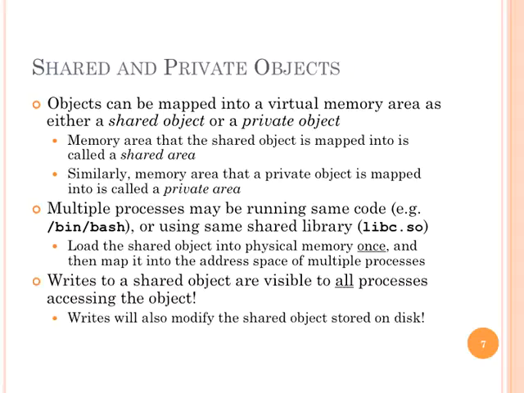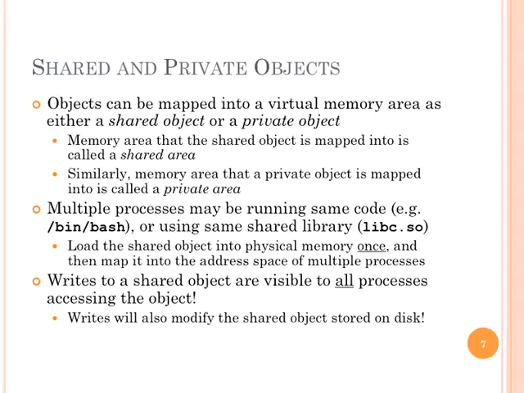Of course, the caveat is that now I have multiple processes' virtual address spaces mapping to the same physical pages. If one process decides to be dumb and change the data in that physical page through their virtual address space, because they're allowed to, then everybody will see the changes. And not only that, but when the page is evicted, that change will get stored back to disk. So this is a pretty big gun that you're handing processes.